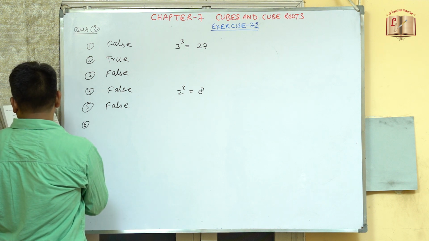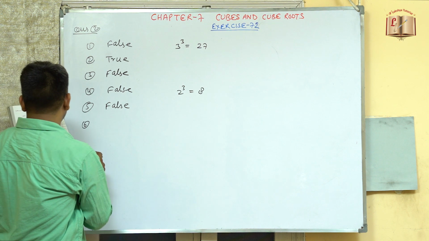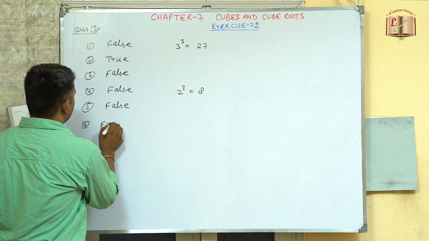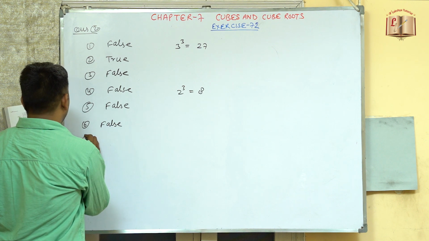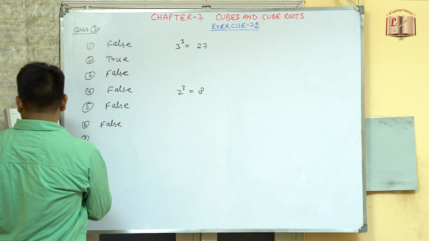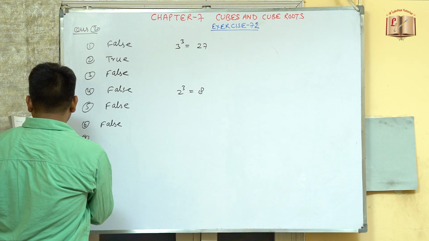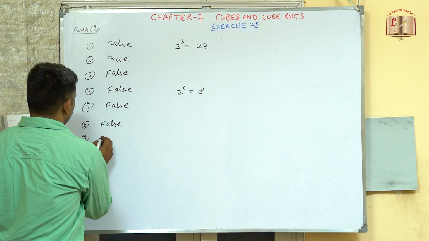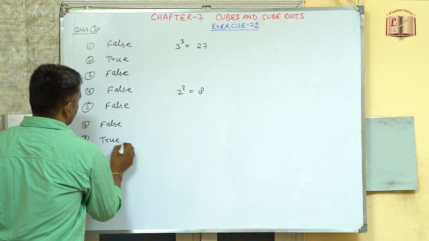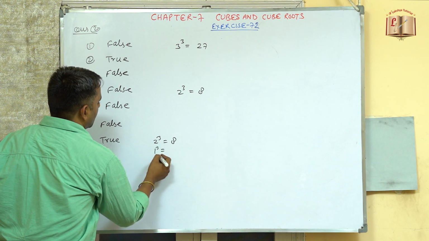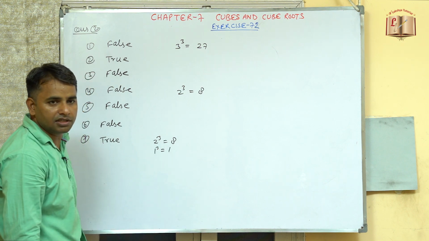Sixth part: the cube of a 2-digit number may have 7 or more digits. No, it will have nearly 4 or 5 digits. Seventh part: the cube of a single digit number may be a single digit number. True. Like the cube of 2 is 8, a single digit. The cube of 1 is 1. So these are single digits.